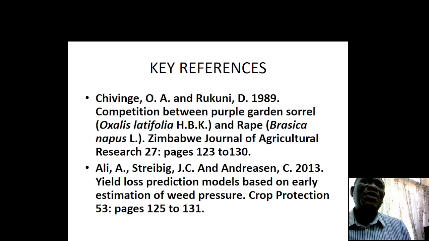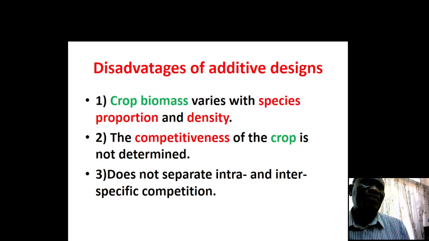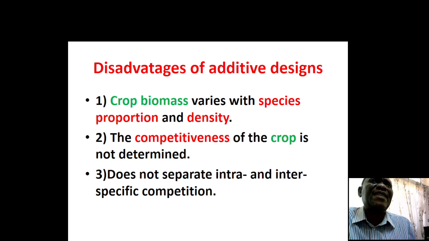And we said that we can use additive experiments in order to go about determining these yield losses. Now, these are the disadvantages of additive designs. Crop biomass varies with the species proportion and density. The competitiveness of the crop is not known. It cannot be determined.